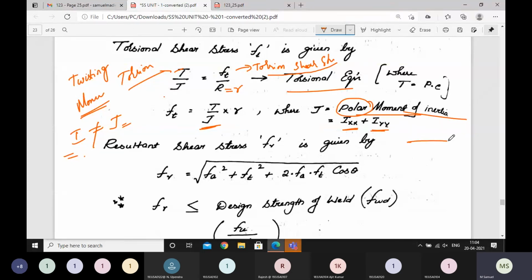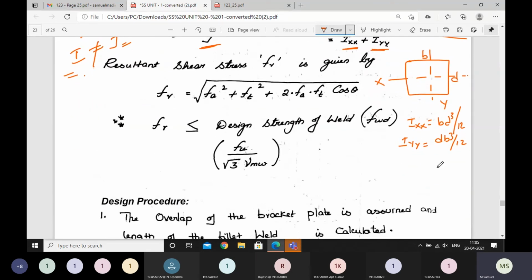For example, see, this is a section, this is B and this is D. This is the x-axis and this is the y-axis. Ixx is going to be what? BD cube by 12. And what is Iyy? It is DB cube by 12. Isn't it right?